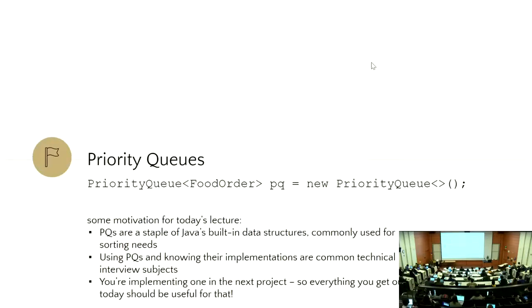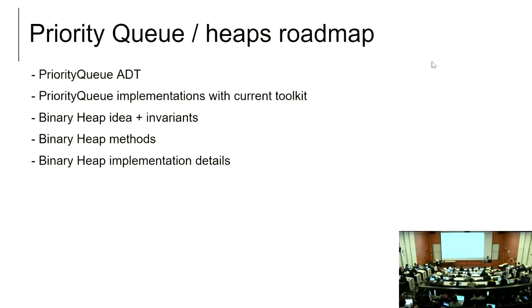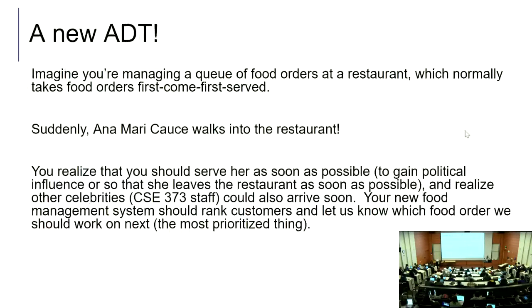Okay, here's what I really want to talk about today. We're adding a new ADT. Yay! This is also an ADT that you may have encountered in 143. It's called the priority queue. A priority queue, what is that?